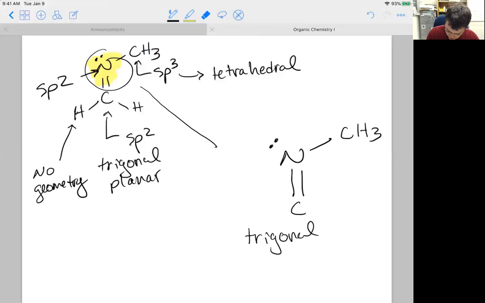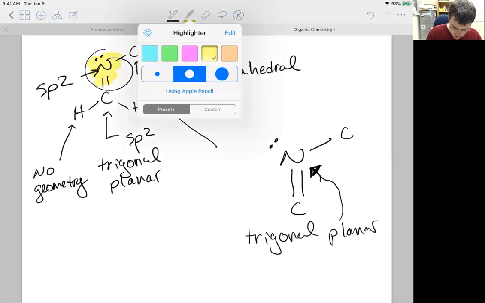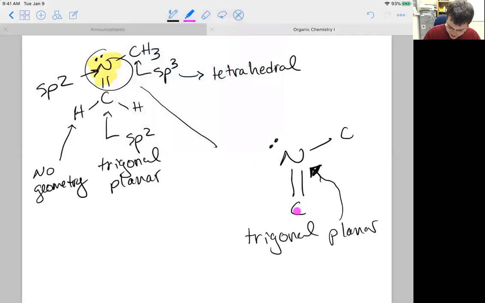I'm going to erase the CH3, keep the C around. Trigonal planar around the nitrogen atom. Okay, so everything is flat. Everything is 120 degrees separated. But all that I can see is this. We have three things in a line, but that line is not straight.